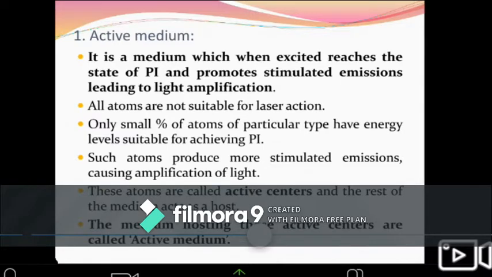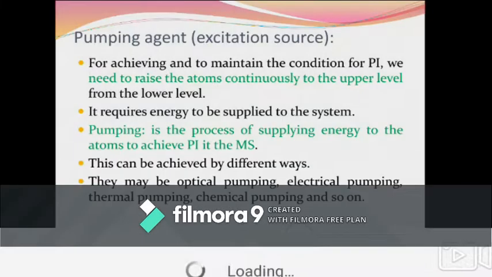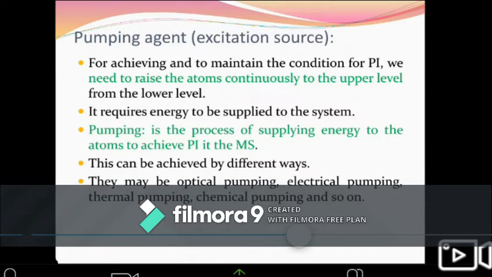Okay, the second component is the excitation source. Without an excitation source, you cannot achieve the population inversion. You cannot push the atoms to higher energy levels. So it is the external agent that provides the energy.